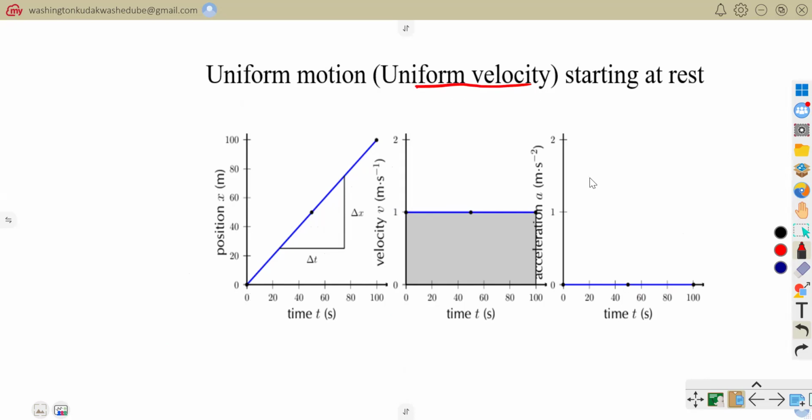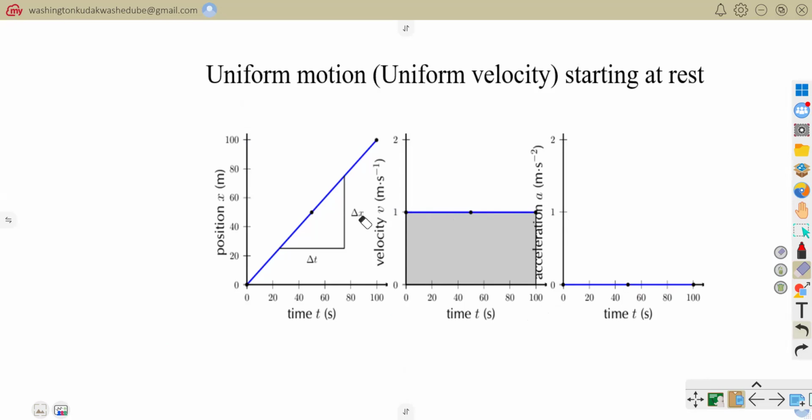And then if you are to draw a velocity time graph where velocity is uniform, we are saying that velocity is constant. So the velocity value will remain the same. If you were moving at 1 meter per second, it will still be 1 meter per second up until you reach 3 hours or else 100 seconds.